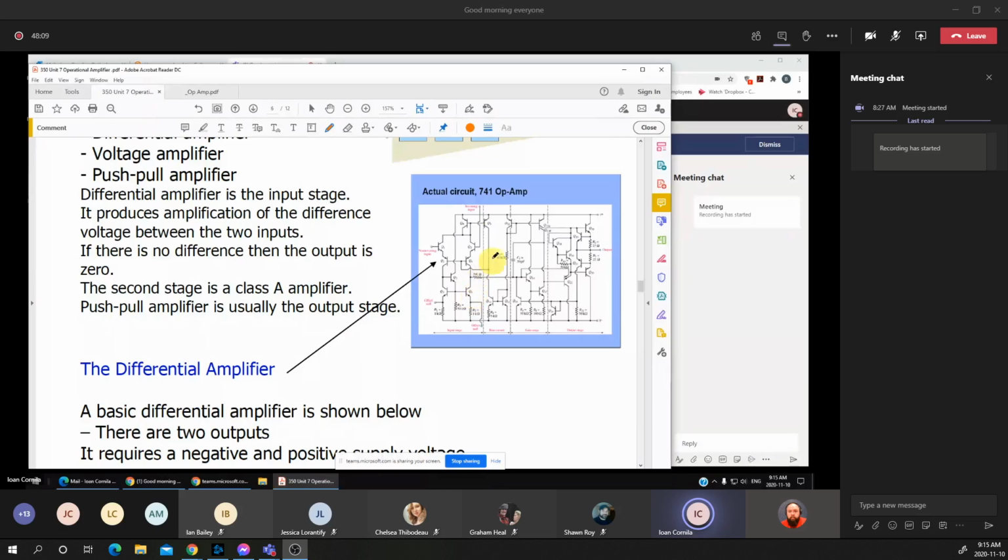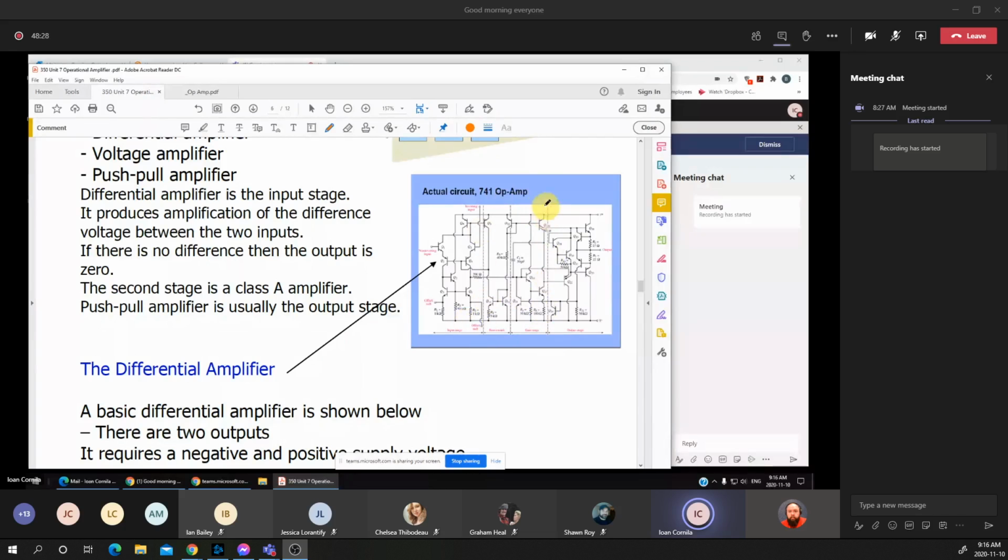It's a bit more complicated in an op amp, but I will describe tomorrow morning the basic functionality of the input circuit, which is the differential amplifier used in op amps.